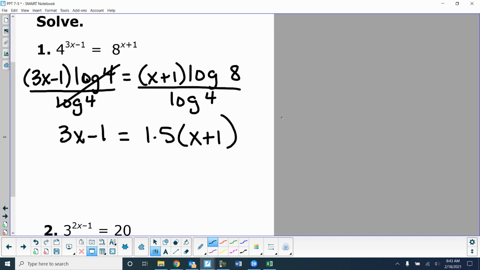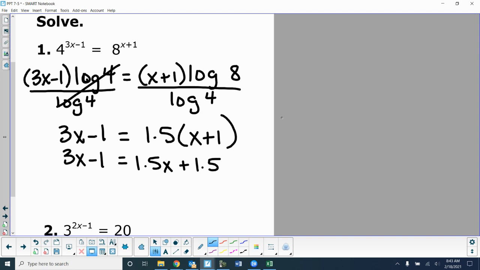Now it's a problem you guys can handle, right? Just distribute the 1.5. Basic solving equations now, right?